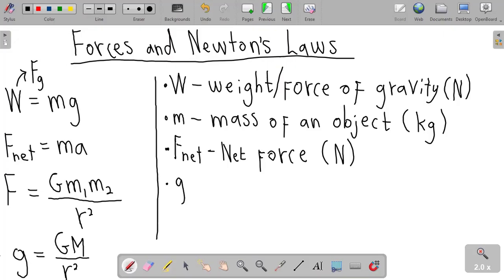The small letter g is the gravitational constant.